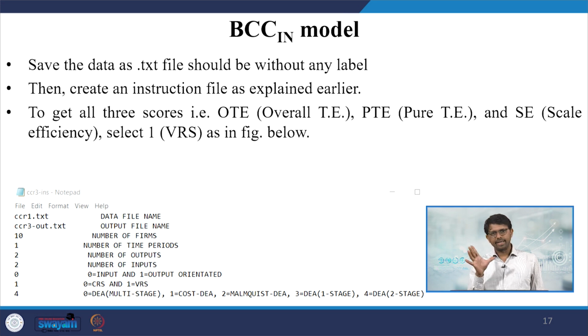So the data which we have already shown you, two inputs, two outputs. Okay. And at this moment, since we are changing to BCC, if you remember the theory, it relates to your assumption. The assumption here is related to returns to scale, variable returns to scale. We used to have the CCR model where it is all about constant returns to scale. Okay.